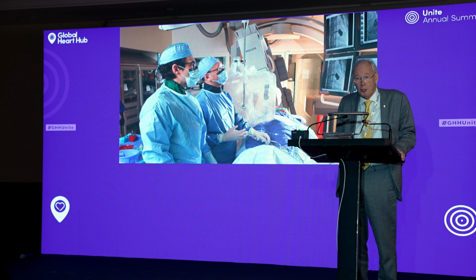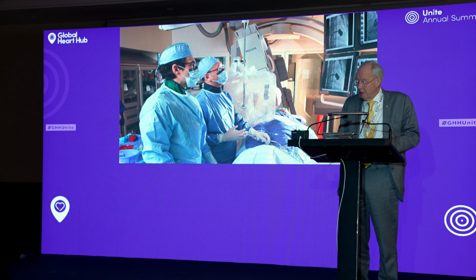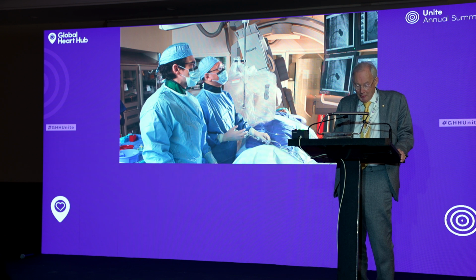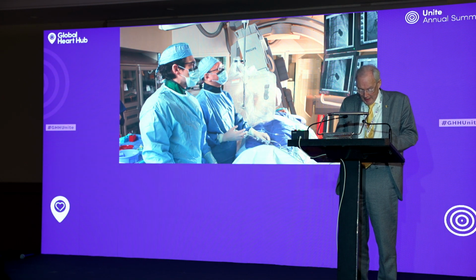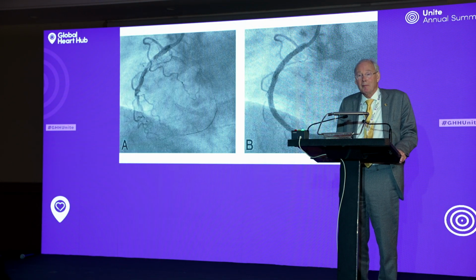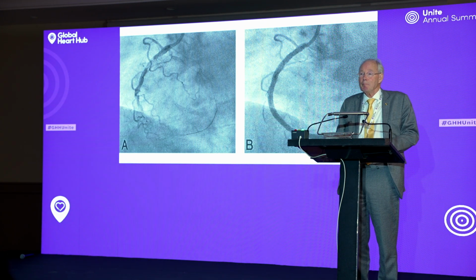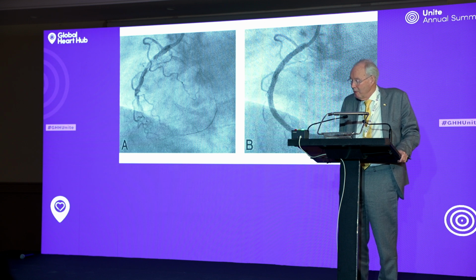And if you are fortunate to survive that acute insult to your heart and reach the hands of our interventional cardiology colleagues, they're able to open the artery and implant a small scaffold, a stent, to keep the artery open.